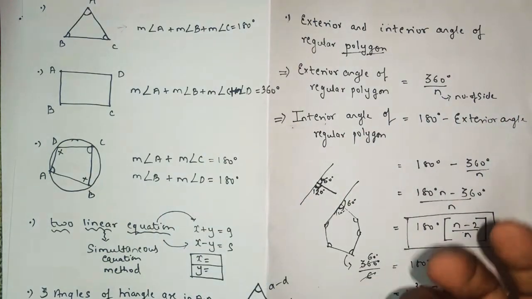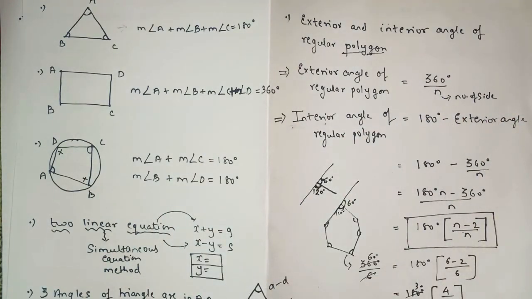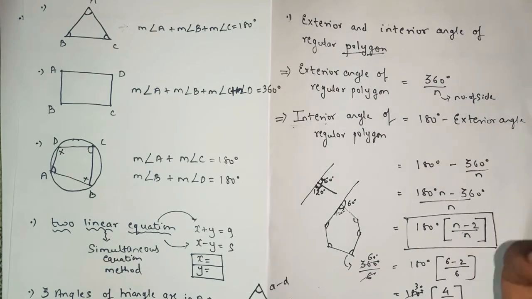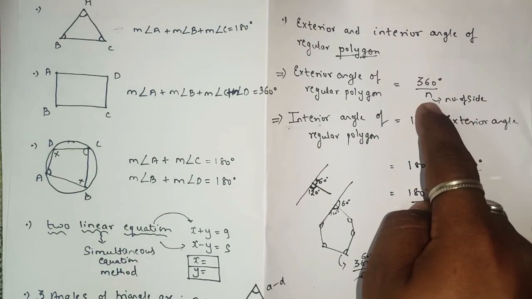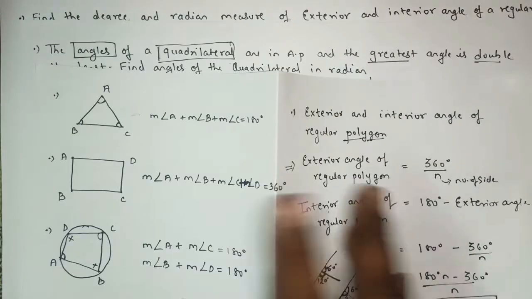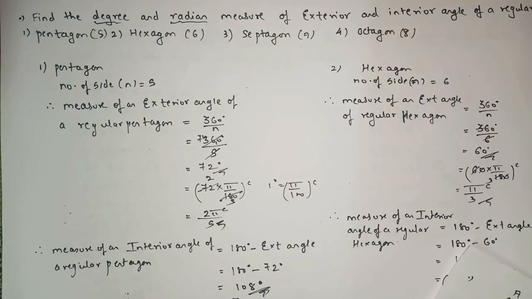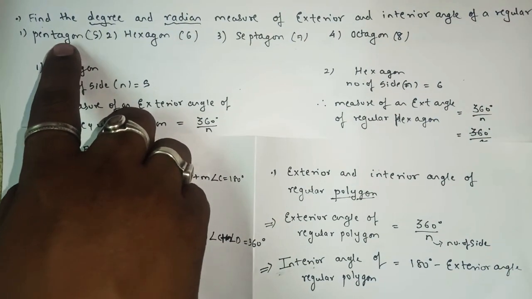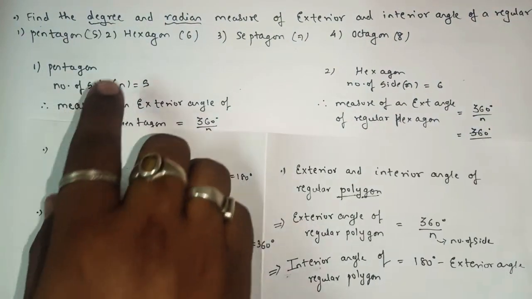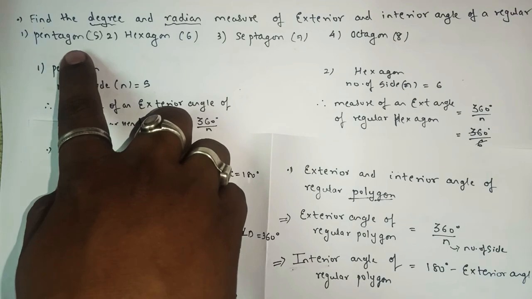Now we'll take one sum where you will have the exterior angle or the interior angle, and then you have to find the number of sides. Understood? As in this question, with the help of the words pentagon, hexagon, we got the idea of the number of sides.